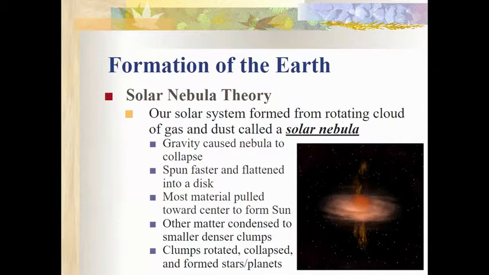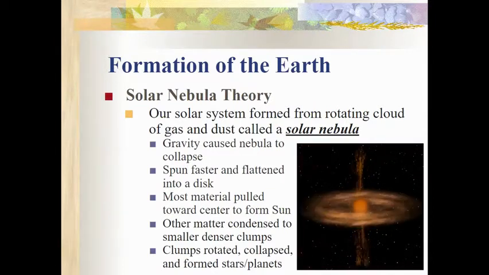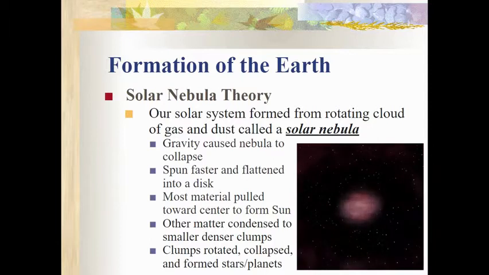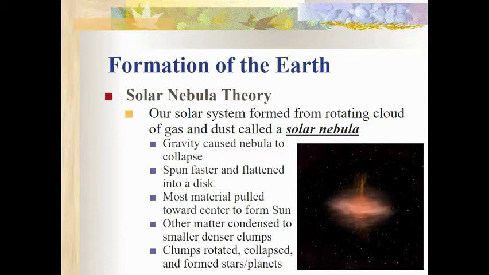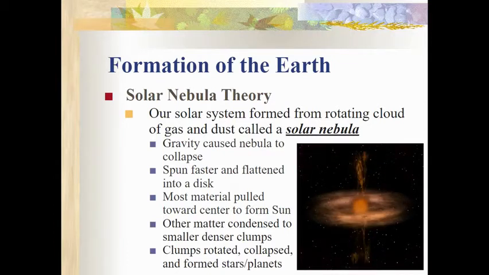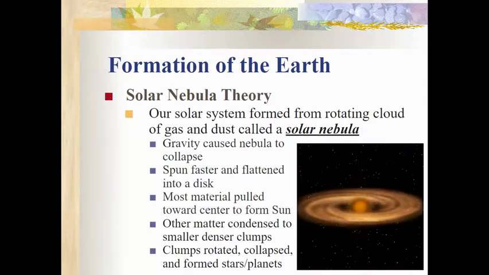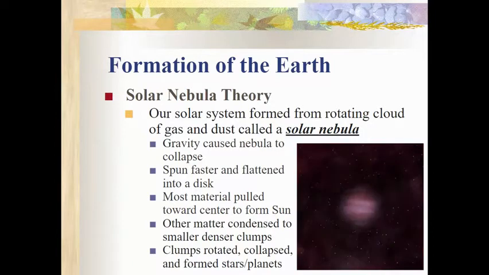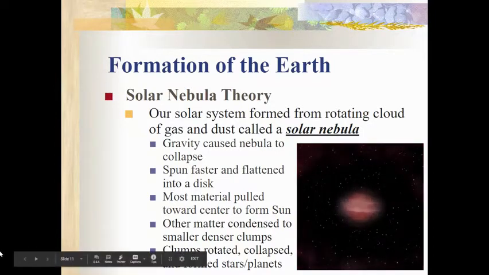This solar nebula collapsed because of gravity, and as it collapsed, it spun faster and flattened into a disk. Most material was pulled towards the center to form the sun, and other matter condensed into smaller, denser clumps in other locations. And the clumps rotated, collapsed, and then formed the stars and the planets of the universe. So Earth would have formed as one of those smaller, denser clumps.